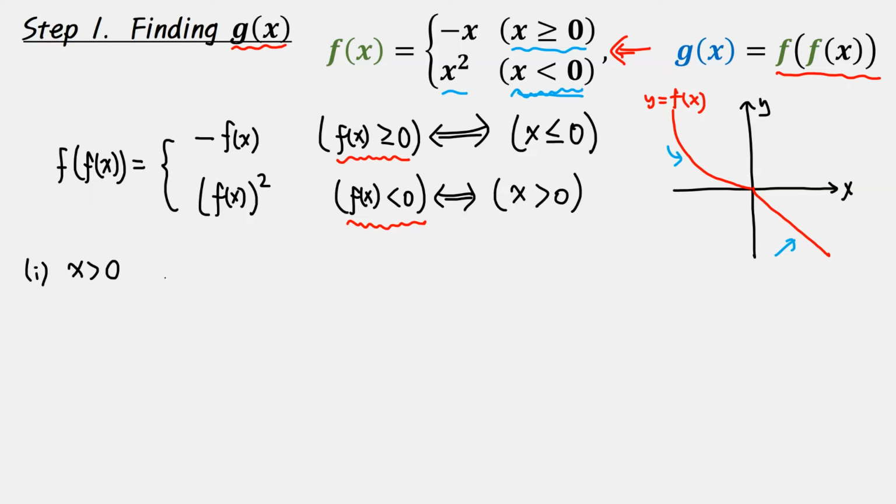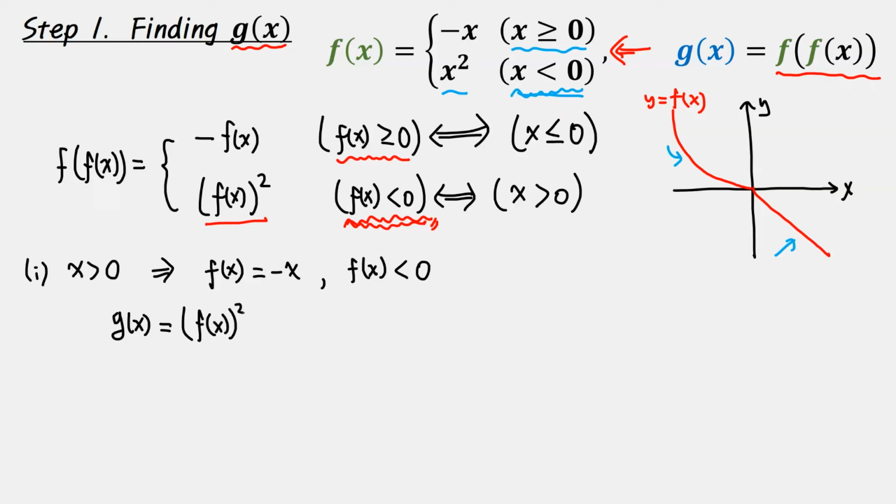First, consider the case where x is positive. Under this condition, the expression for f(x) is minus x, and this f(x) is also negative, which is this condition. So we have to use this: g(x) equals f(x) squared, and since f(x) is minus x, we have minus x squared, which is x squared.